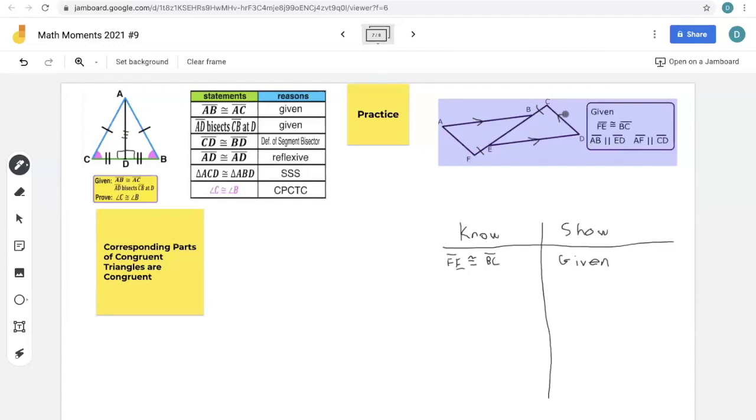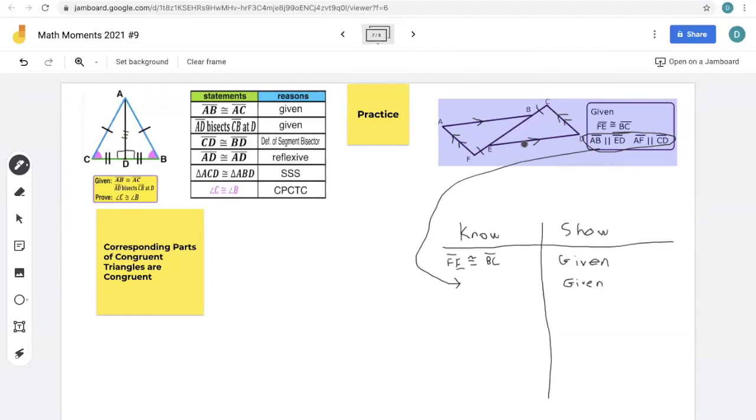And then if you do two of them like this, it shows it's parallel to something else. So I'm going to circle this part and put it right here, and then say it's been given. Given. All right.